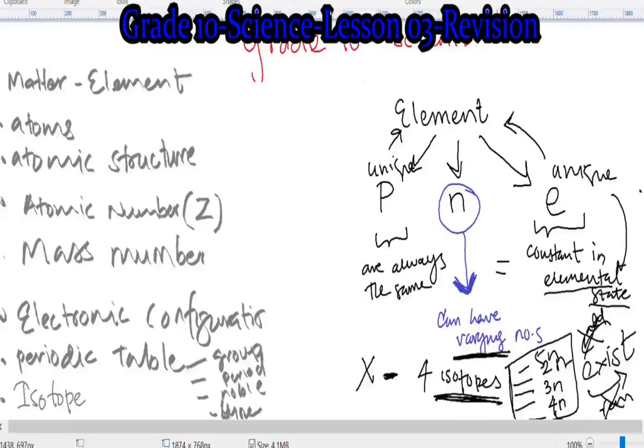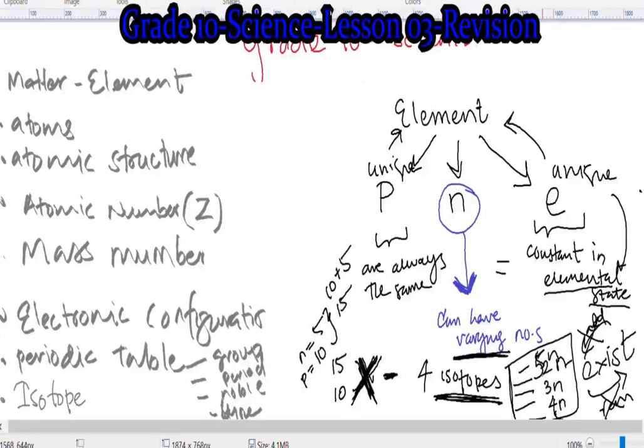So again, coming back to mass number and atomic number. Let's say this one has the atomic number 10. So atomic number 10 goes here, and let's say 5 is the neutron number. So if neutron number is 5 and proton number is 10, then your mass number will be 10 plus 5, which is 15.